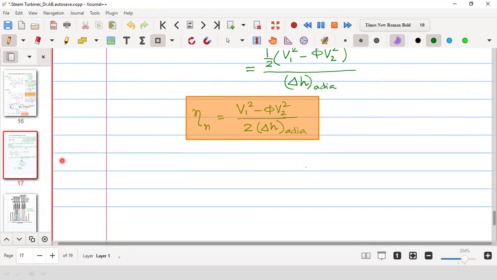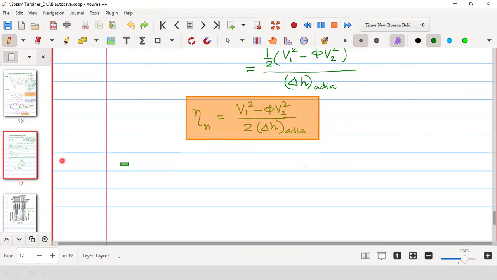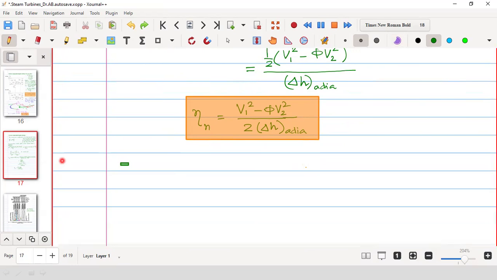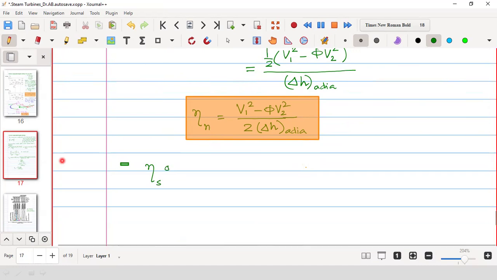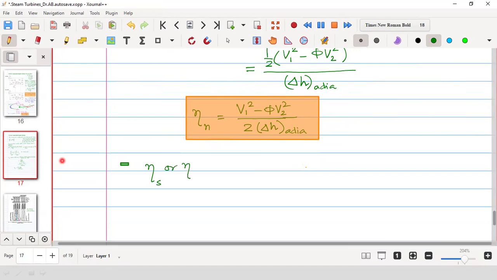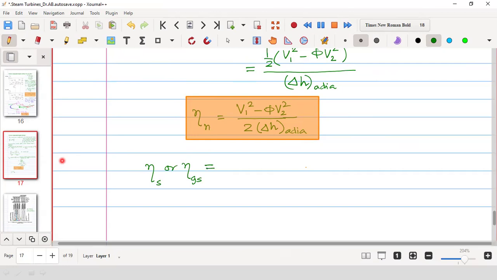So the stage efficiency, or the gross stage efficiency, is equal to the nozzle efficiency multiplied by the blade efficiency.